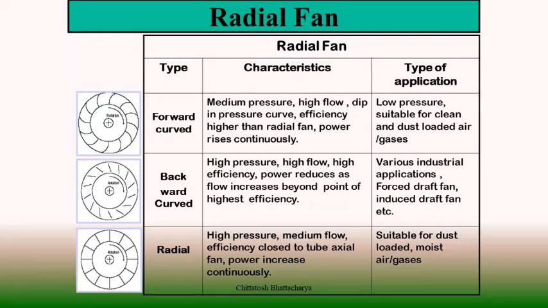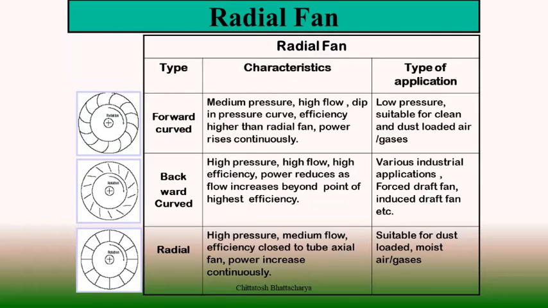So forward curved blades are suitable for primary air fans or ID fans, and in case of FD fans or ID fans, we use backward curved blading. Radial blading is mostly found in exhausters, where we try to minimize the erosion.